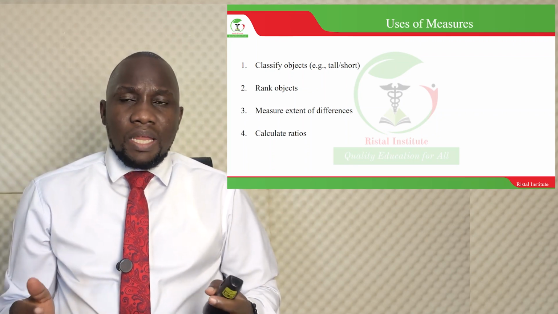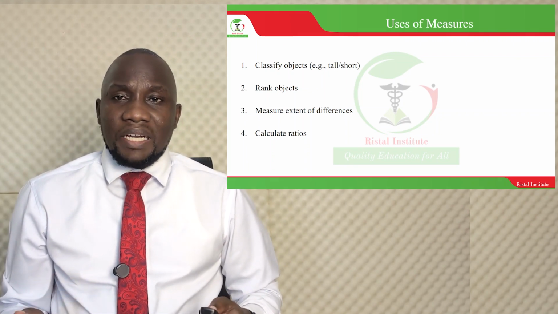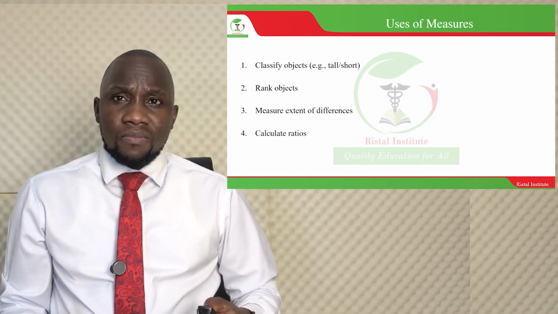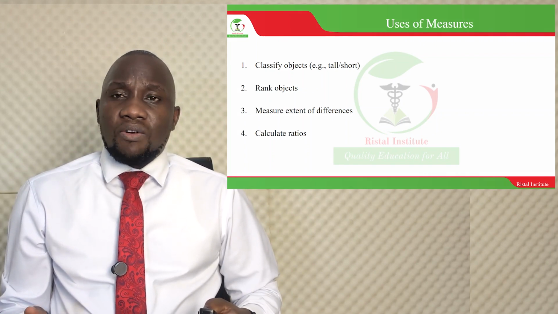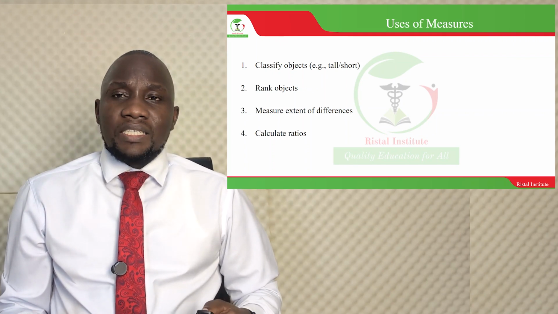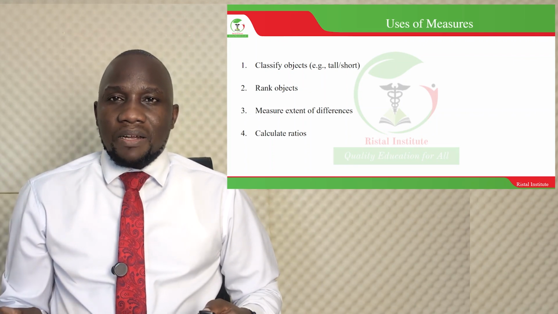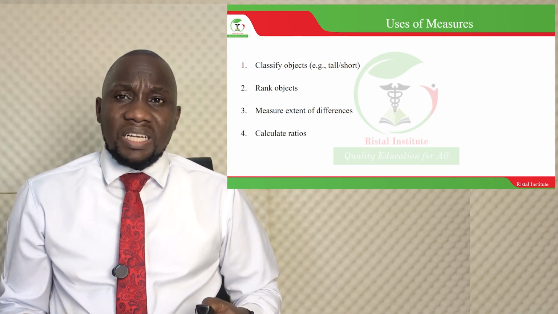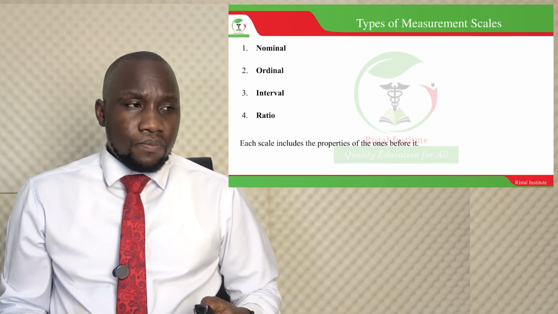So it allows us to classify objects or individuals depending on the variable we have measured, and we can also rank objects. The second thing is that we can know the extent of difference between a particular characteristic and that of others. And the last one, we can calculate ratios, and we shall know what ratios are shortly.